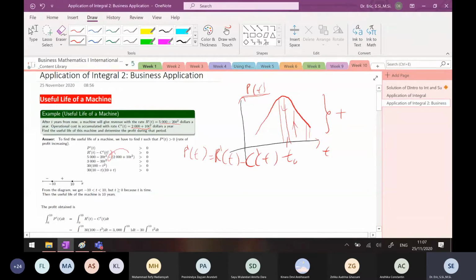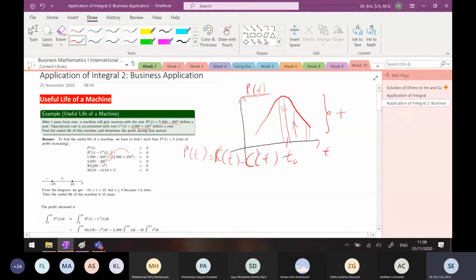So 5000 minus 2000 will give you 3000, minus 20t squared minus 10t squared. So you have minus 30t squared. You can factor out 30, so you have 100 minus t squared greater than 0.